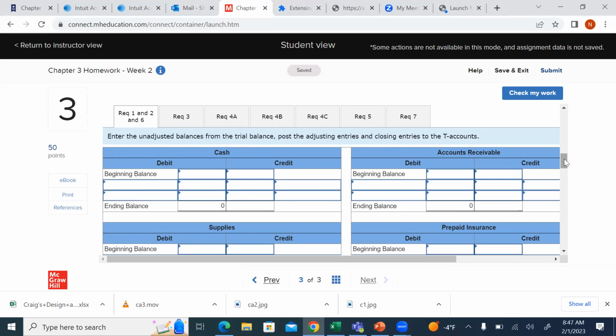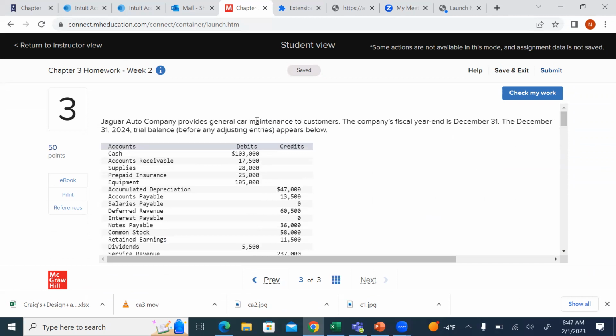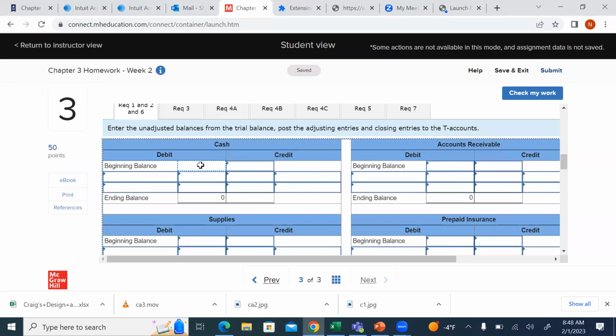For this problem, they're wanting us to do it by hand so we understand the process. Okay? So, cash. Do you see the trial balance before any adjusting entries for cash is 103? I'm going to put that 103 right here. It's a little tedious for you guys, but I'm going to follow it as they ask me to.